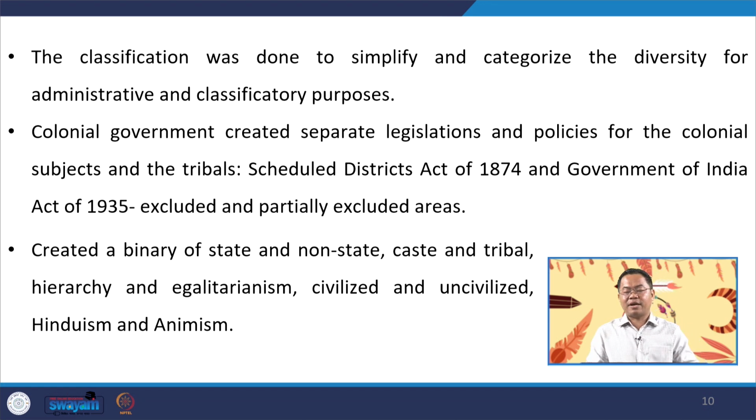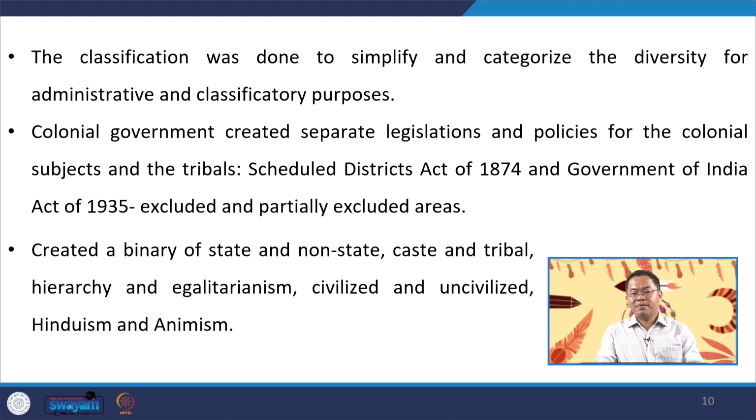In the case of the tribes, the Scheduled Districts Act of 1874 and the Government of India Act of 1935 categorized regions as excluded and partially excluded areas. This continues to occupy a very important place in the understanding of tribes, primarily because it designates certain areas as being inhabited by tribes.